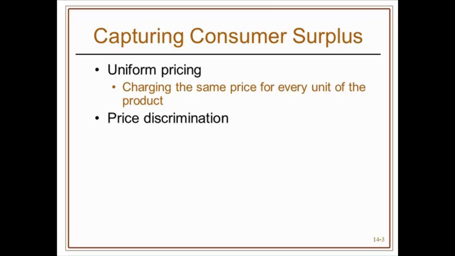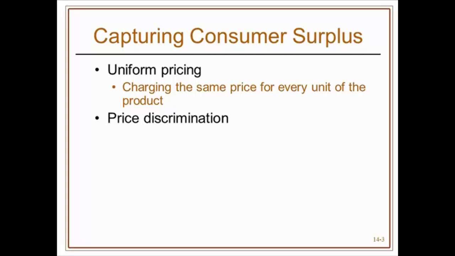The firm may be able to capture some of that happiness by actually charging them closer to what they are willing to pay. And so as far as the buyer is concerned, they're still willing to buy it as long as the price is at least equal to or somewhat below their willingness to pay. So the consumer is still happy with being able to purchase, and of course the firm is much happier being able to charge a price that's a lot closer to the customer's willingness to pay than this single uniform price before.